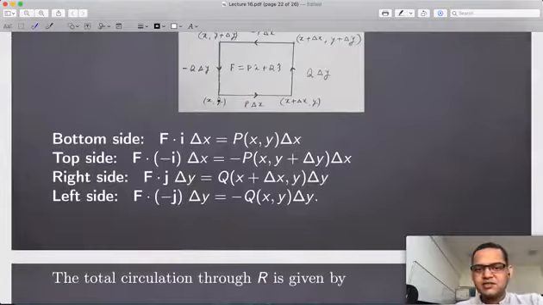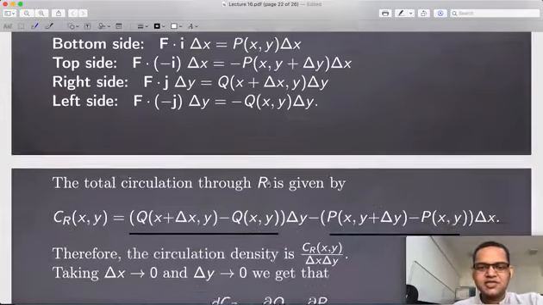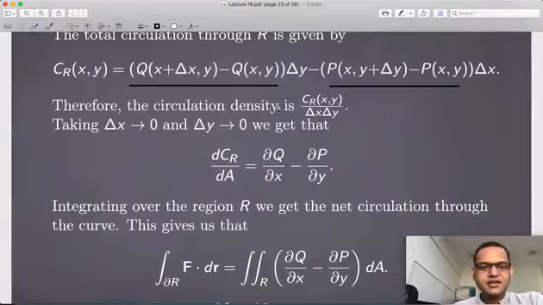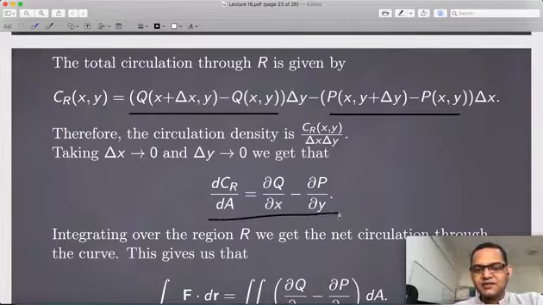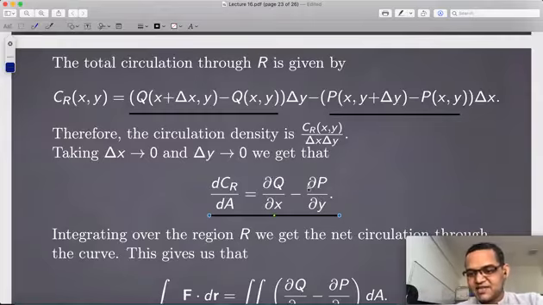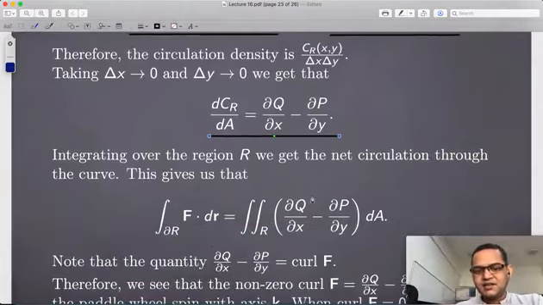So what you have to do is just evaluate at the initial point of the curve. You can also do it at any other point, but it is not going to change anything. Once you have the total circulation, if you want to find the density, you divide it by the area under consideration, and what you get is the circulation density. This is precisely the term which you wanted. If this is the density and you want to find the net circulation, you integrate it over the region.